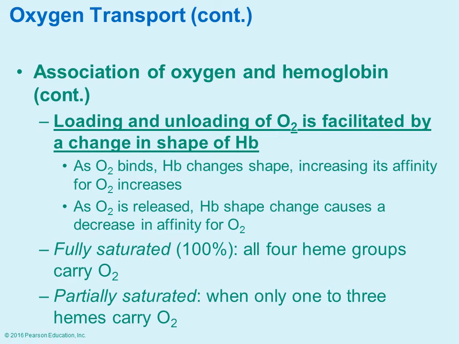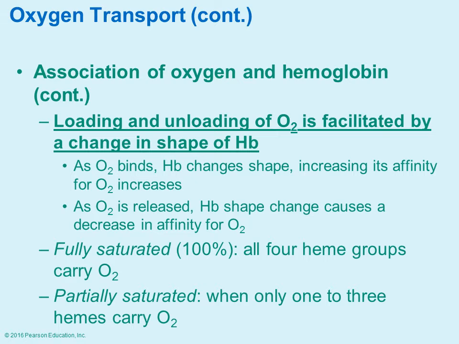So when we talk about loading or unloading of oxygen, what we're simply talking about is attaching that oxygen to the hemoglobin and then taking it off later. Remember, whenever you have 2 items bind, so in this case oxygen to the hemoglobin, there's always going to be a shape change. And whenever you take something off of another substance, there's going to be a shape change.